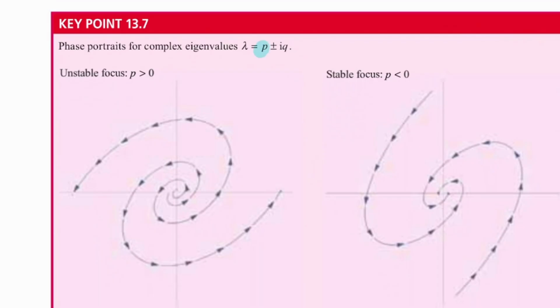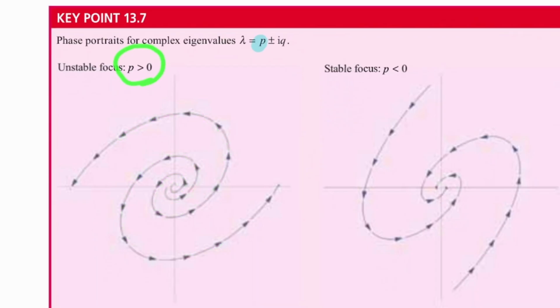So if the real part is bigger than 0, it starts from origin and goes out. So 2 trajectories, it goes out, if this is the case. And it's called unstable again. If they are going from out, it is unstable. If the real part is smaller than 0, they are going in and it's called stable.